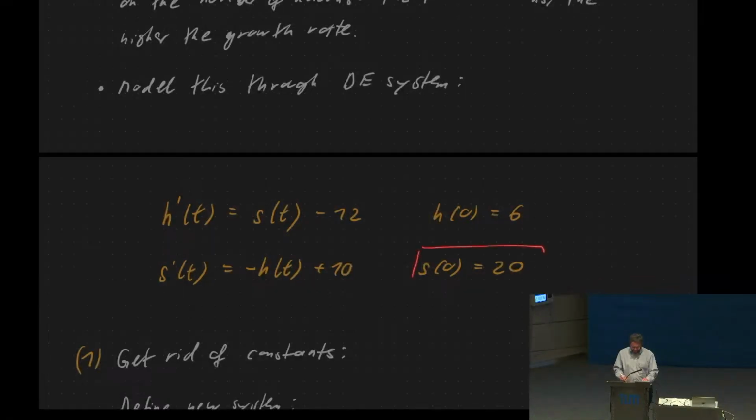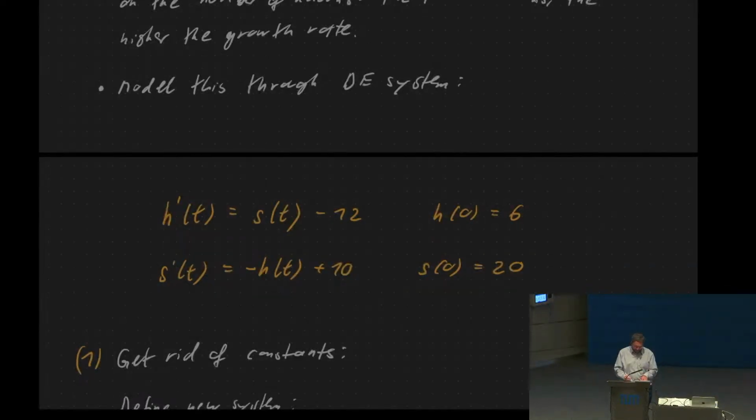The number of squirrels at that time is 20, we counted that. And we'll assume the growth of the squirrel population at time t depends on the number of hawks, negatively. And we'll also just add a constant to this, right? So not a very complex system, but it should be sufficient to showcase the idea.